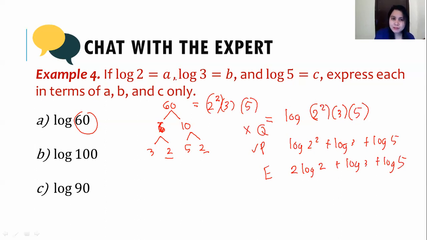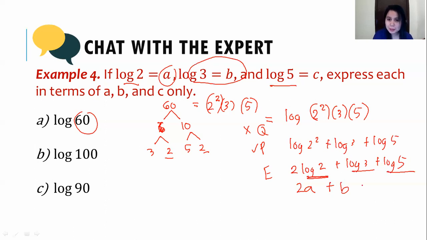And we have an answer here. Log 2 is A. So this will be 2A. Log 3 is B plus B. And log 5 is C plus C. So log 60 can be written as 2A plus B plus C.